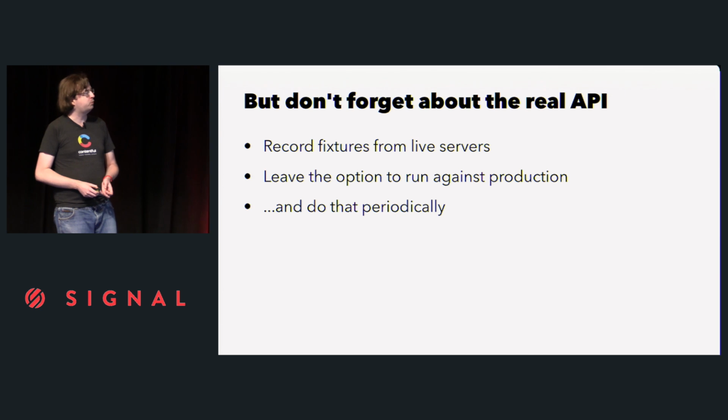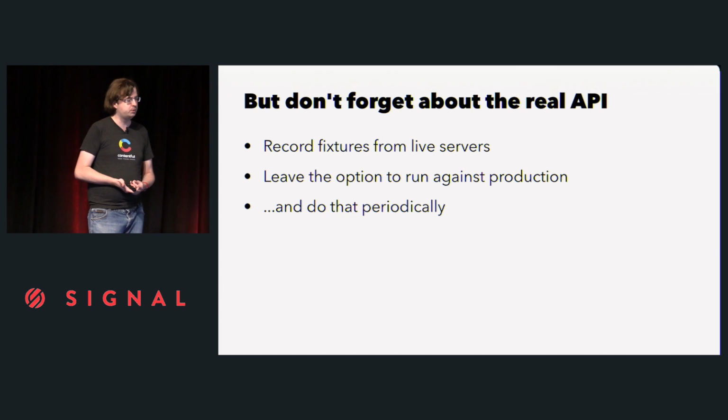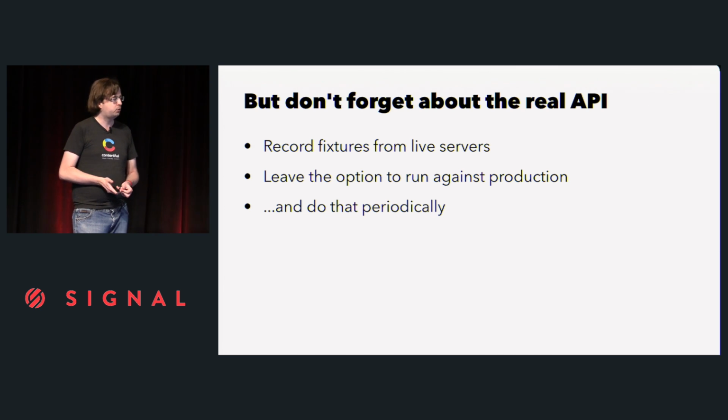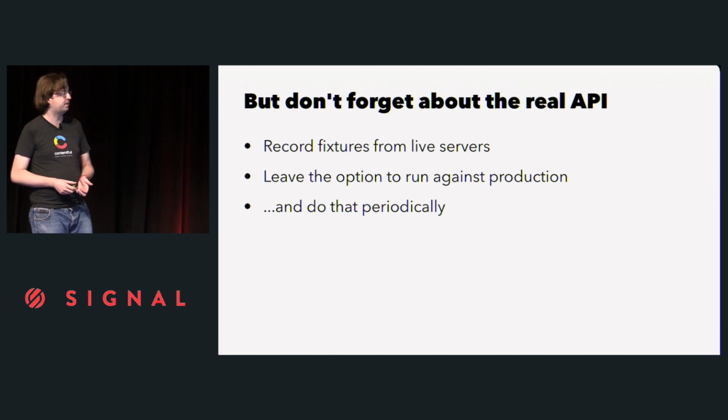But when we do that, we shouldn't forget about the real API that's also there. A common error you would make is you create this test with a completely mocked response, and you never run your test against the live server, and maybe you made a typo or forgot something.